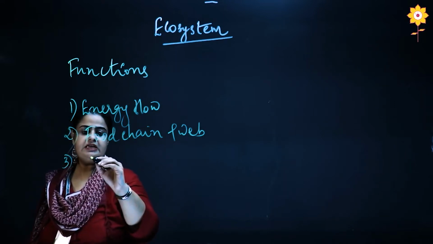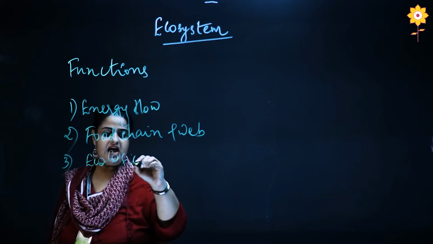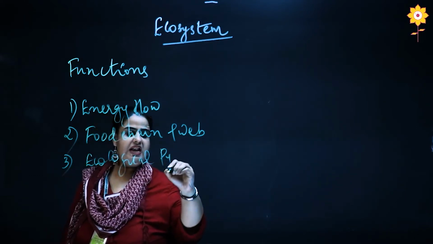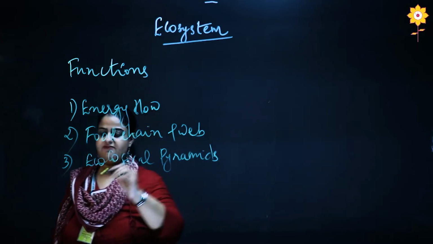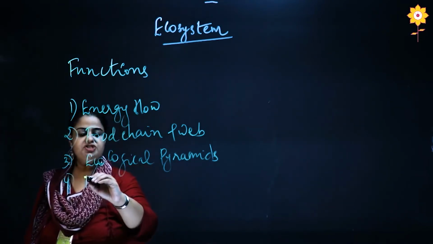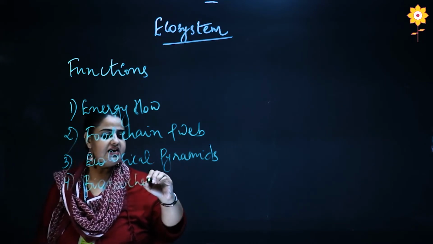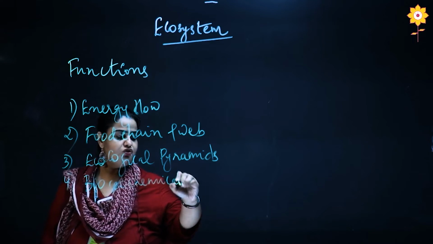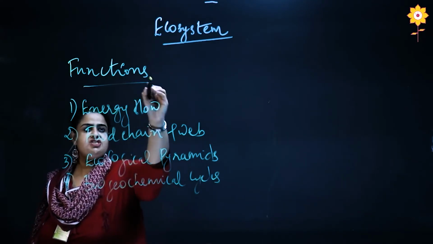Third, the ecological pyramids that help us understand how life exists at various levels. And the fourth and the final one, biogeochemical cycles. Now, these are the four aspects through which we will be able to explain the functions of ecosystem.